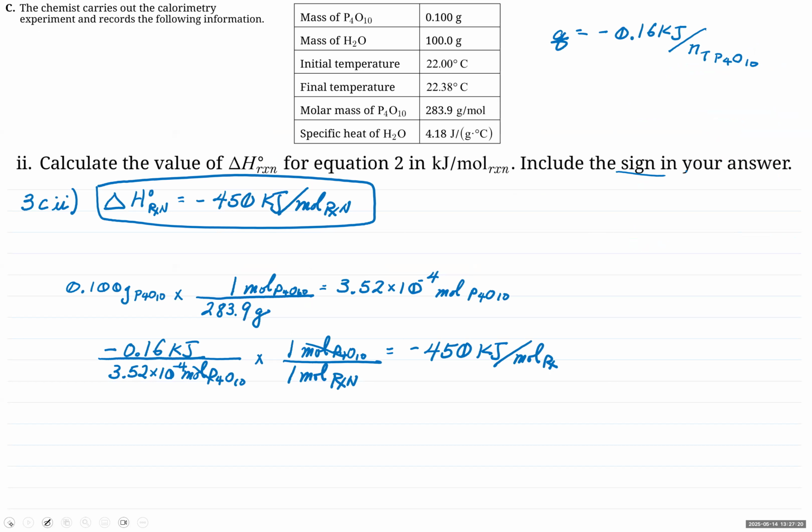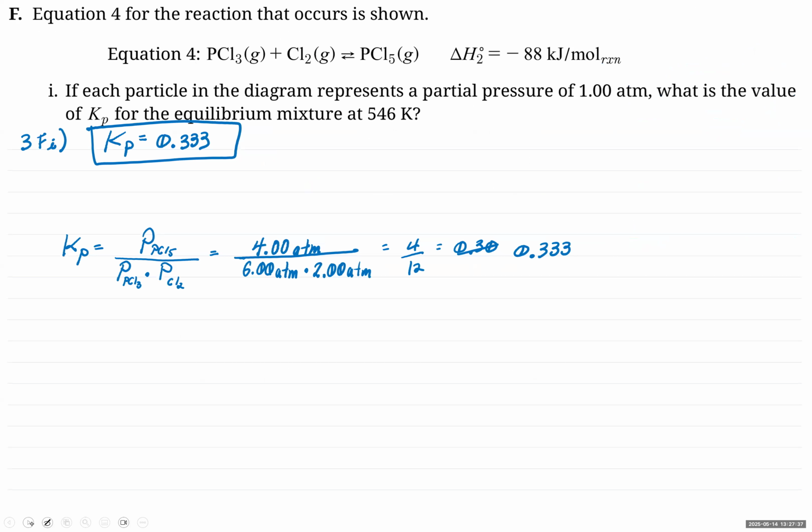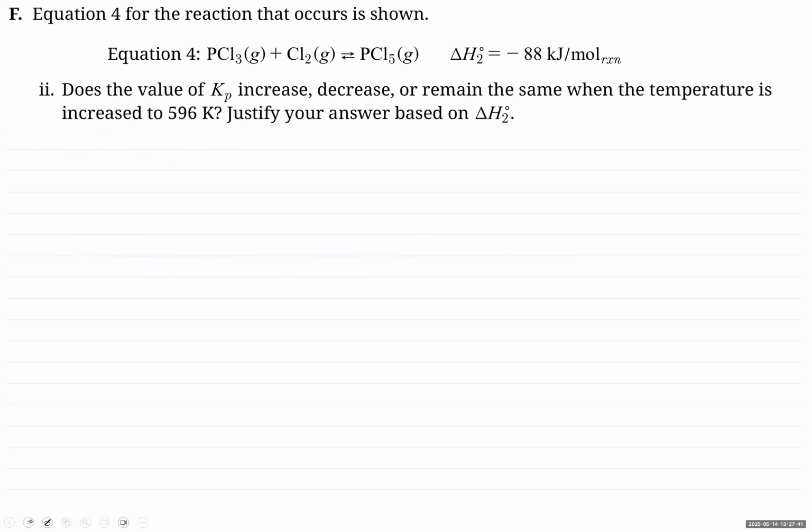All right, is it this? Right. So we know that the value here is a negative symbol, right? So it's exothermic. So let's gather our data here. Our information is, a couple of things. One, let's just get started.